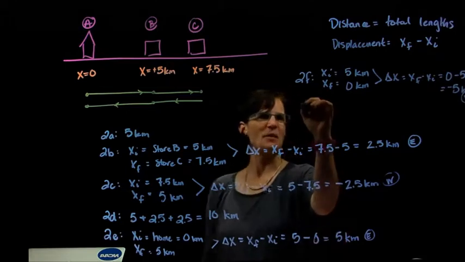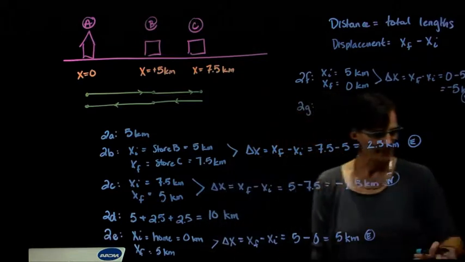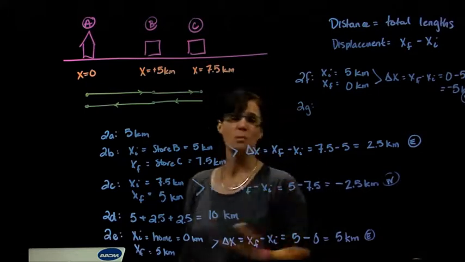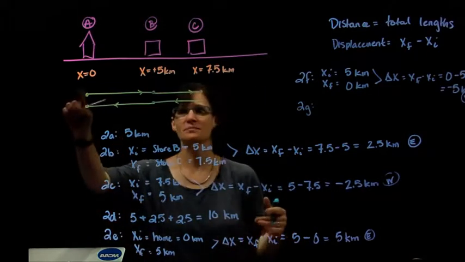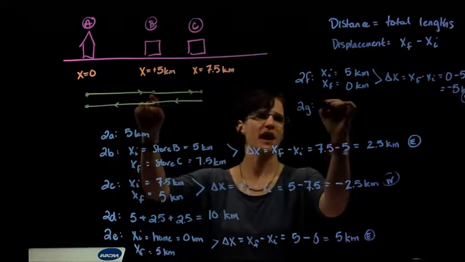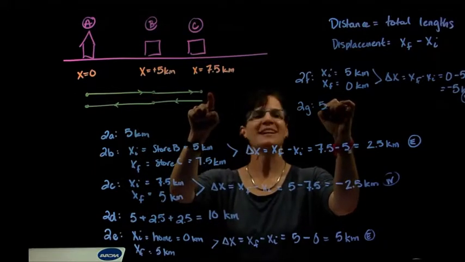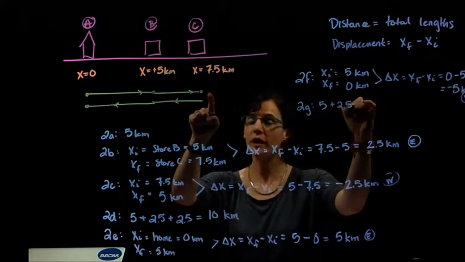All right, a couple more just to fully get this idea. Part G says, what was Jeanie's total distance? All of the lengths through the whole motion of her shopping experience. So we add those up. She started at 0. She went to 5. That's a length of 5. Then she went to 7.5 kilometers position, so she went 2.5 more kilometers.